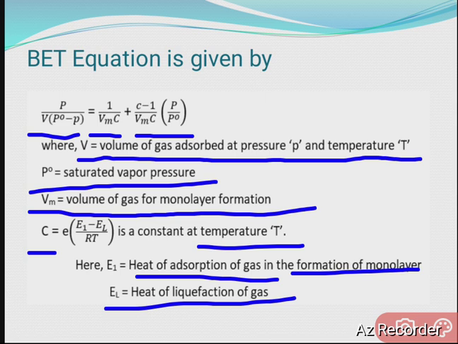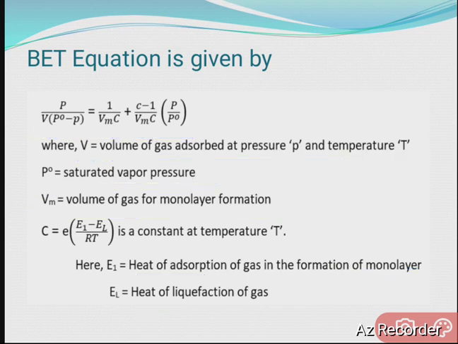Okay, for the first layer this E1 is different from the EL. For the subsequent layers this E1 equals EL. This is the BET equation, and this is of the form y equals mx plus c, right? This is of the form of a linear line equation.